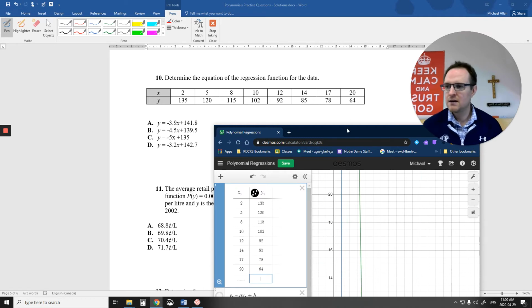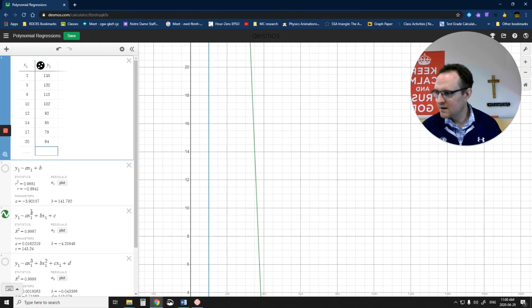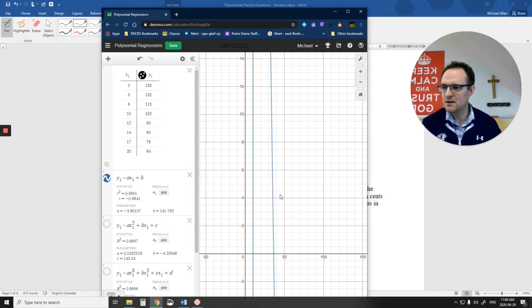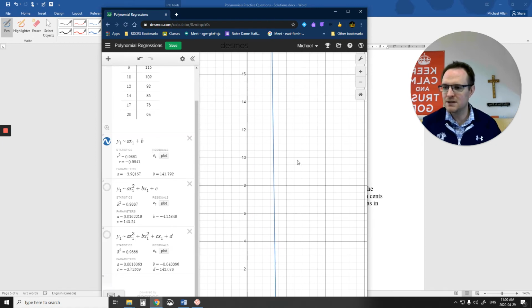Okay. You look at all these equations they're asking for, they're all linear. The best one actually in this case is cubic again, but because they want the linear equation, I'm going to put the linear one here. Oh, I have to get rid of this other line that I have here, so let's just get rid of that. Okay, that makes more sense.